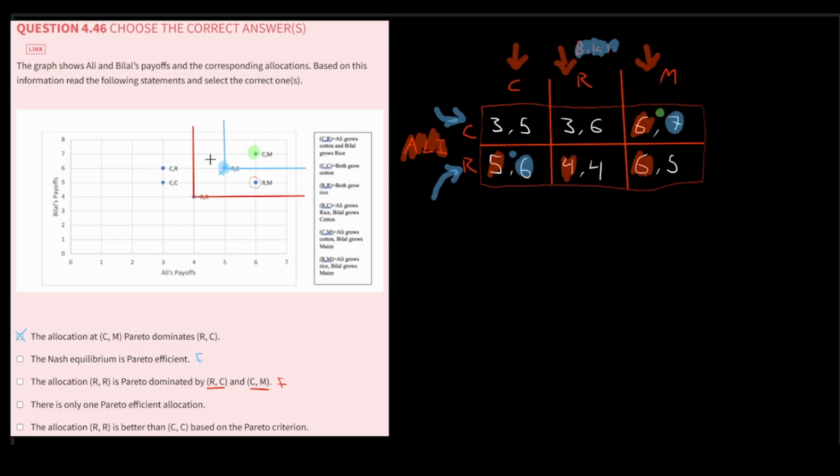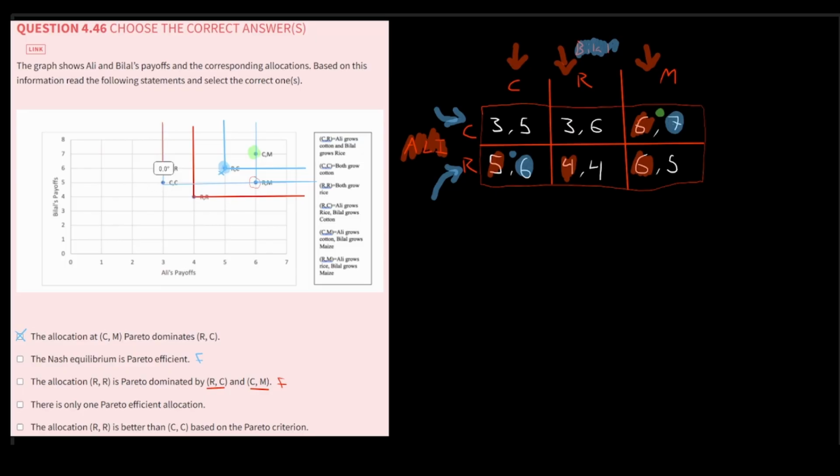How can you do that, Keith? Well, because again, if I just go up, we see that CM, no one is worse off, but somebody is better off. So CM Pareto dominates RM. In the same way, if we take a look here, CC is Pareto dominated by CR. CC is Pareto dominated by RM. And then what about CR there?